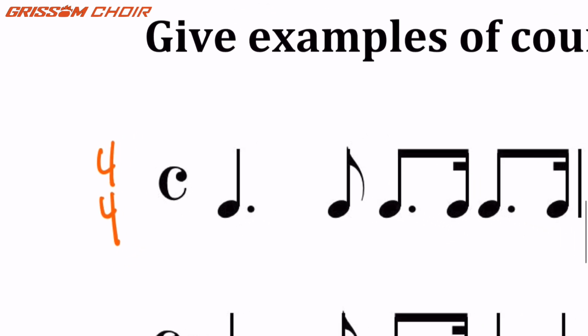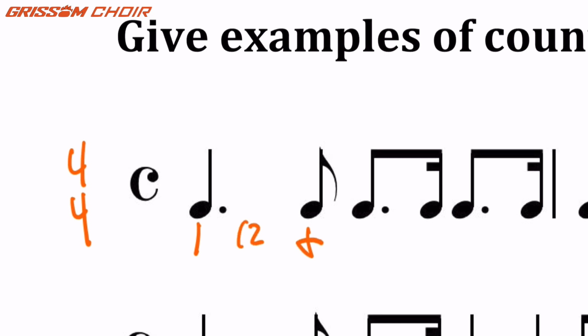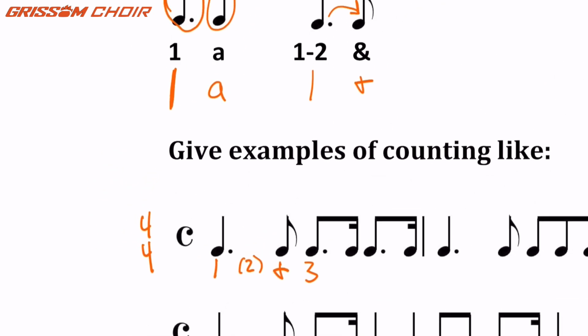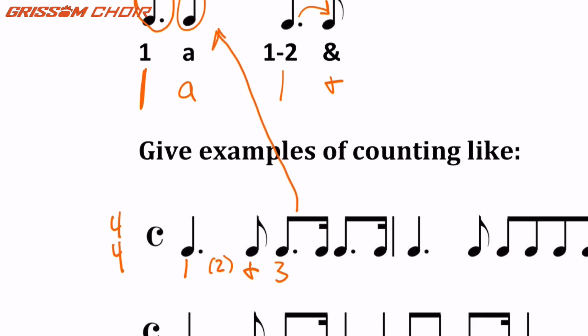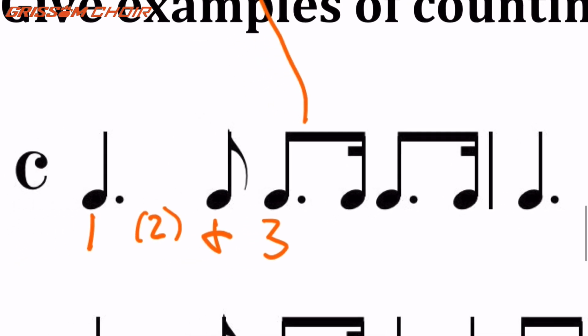So this first measure, we would go 1 and, remembering that 2 is inside of that dotted quarter note. This beat would have to be 3 because that is what comes after the 2 and. This was our new rhythm that we just learned, with the 16th note we would put right here.